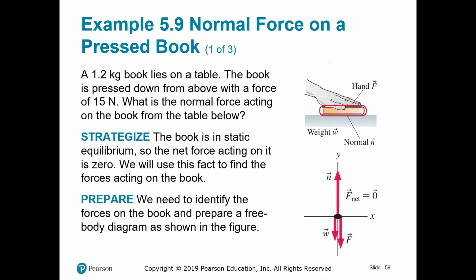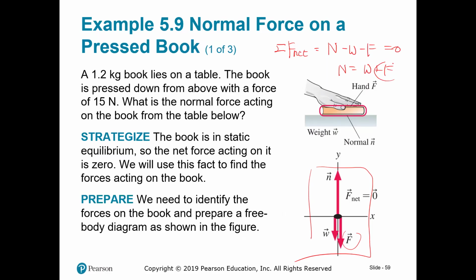However, if you press an additional force downward on a book, and this is the book's force diagram, and then you use Newton's second law, F net, this is going to be what? Normal force up, weight down, push force down, equals 0. So in this case, your normal force is weight plus your push force.